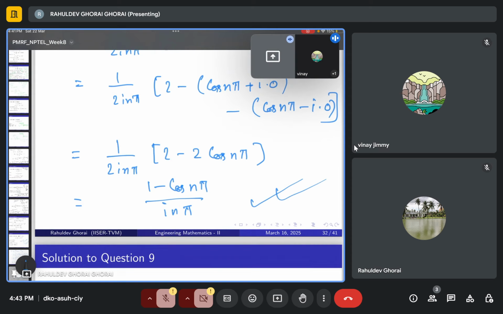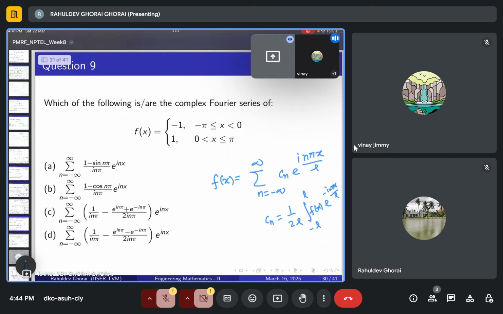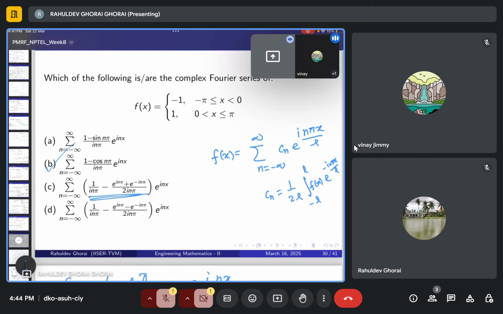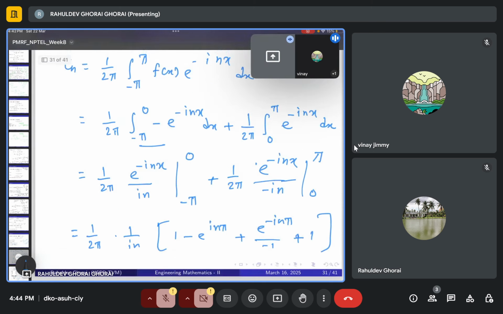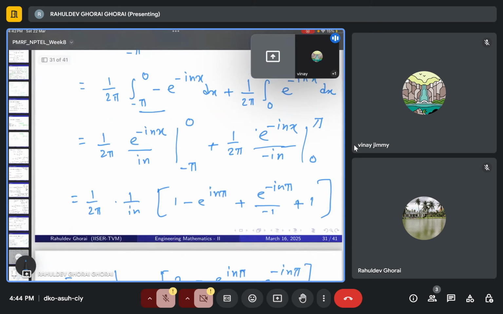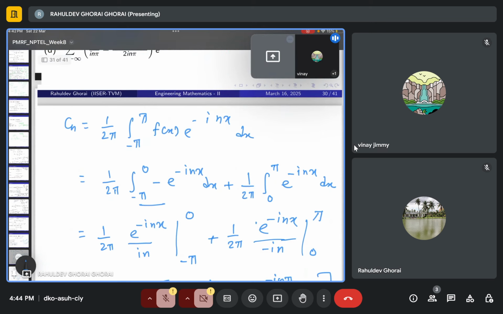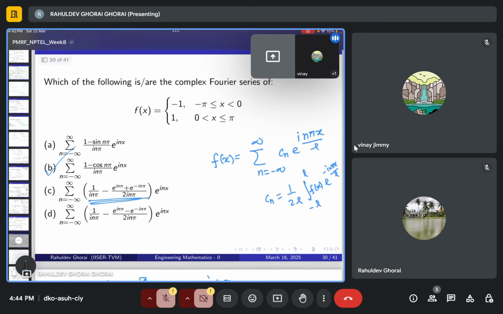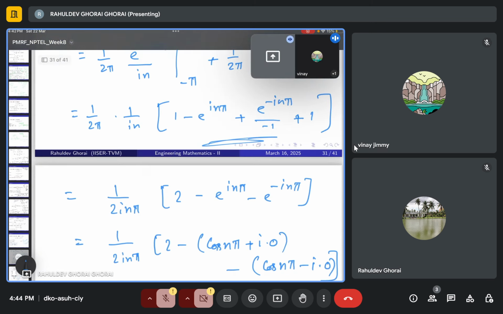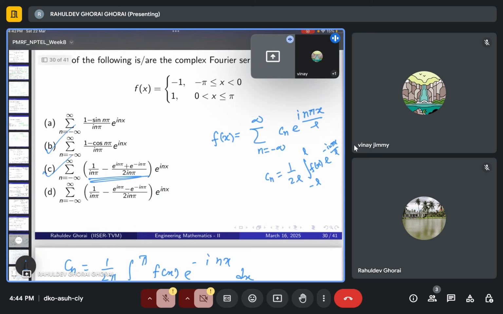So both options are correct. This is explicitly 1 minus cos n pi by i n pi, that is this one. But again, this one also is the same, because if you see this line, it gives you 1 over i n pi minus 2 i n pi. So this is also this. So B also, C also, they are correct. This is not correct, this is not correct.